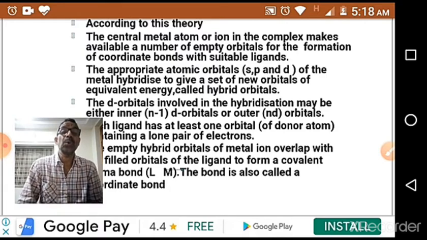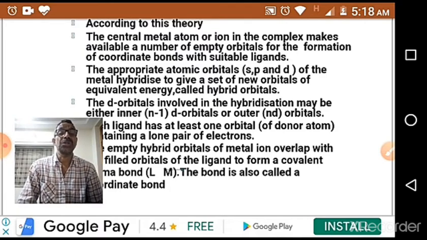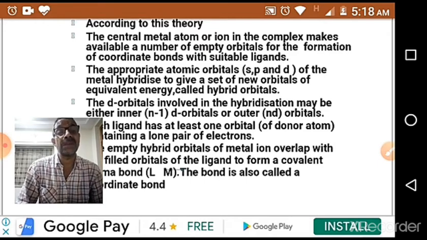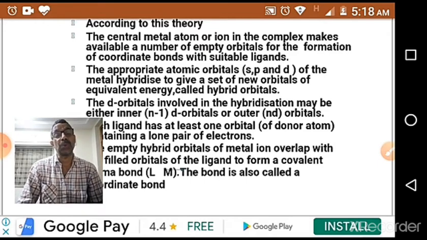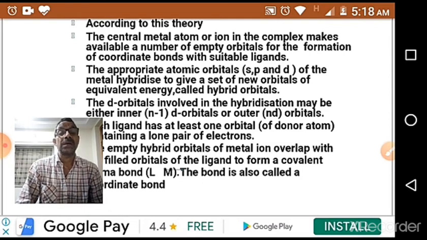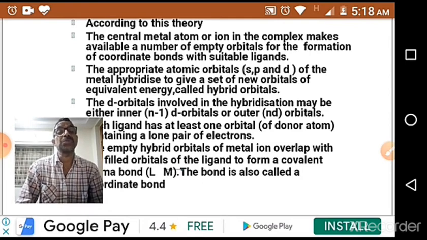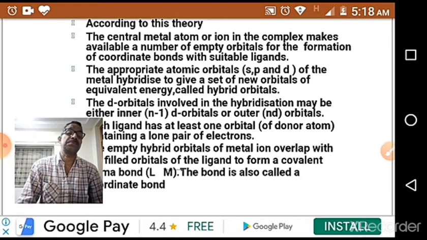So what we know so far, every coordination compound should have a central metal atom which exhibits two valencies, primary valency and secondary valency as per Werner theory. Primary valency is satisfied by negative groups only, whereas secondary valency may be satisfied by positive, negative or neutral ligands.